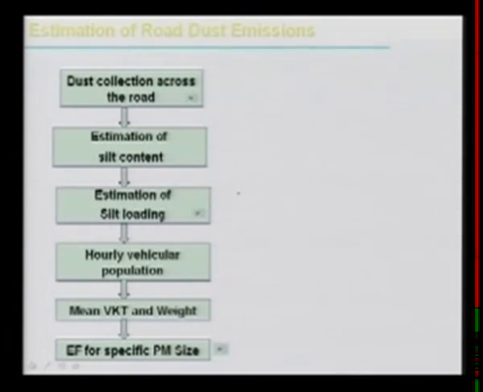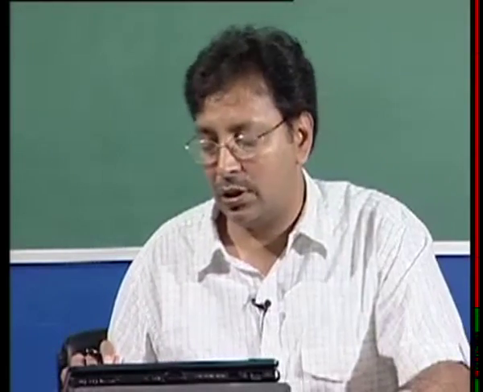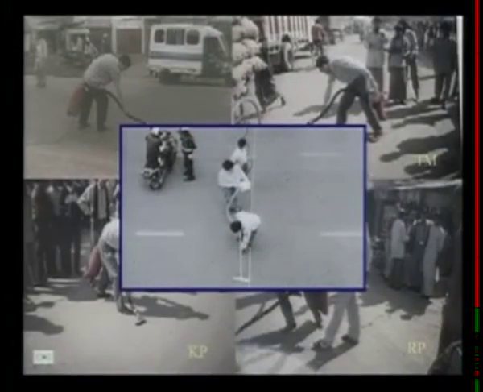Okay, and how the dust collection is done is shown through the picture here. What you see here is the road. You take a strip of the road, and what you are really interested in is cleaning this road.